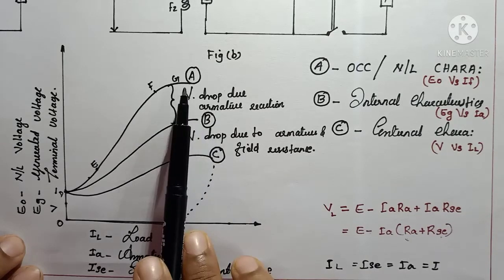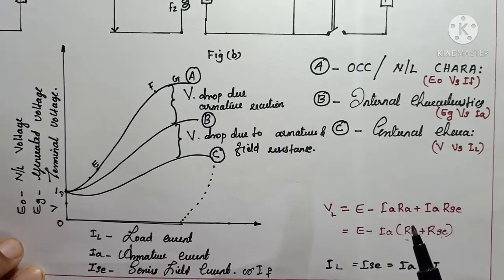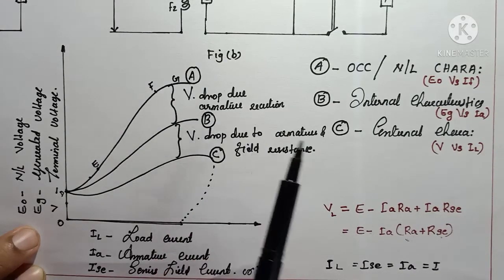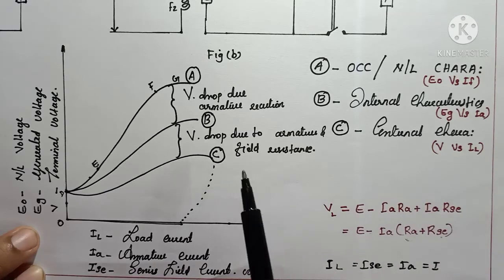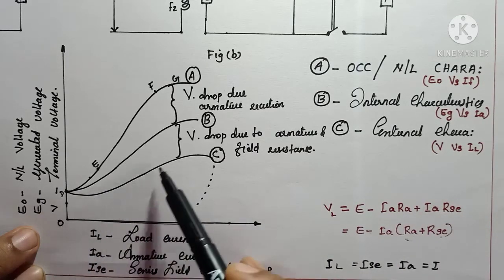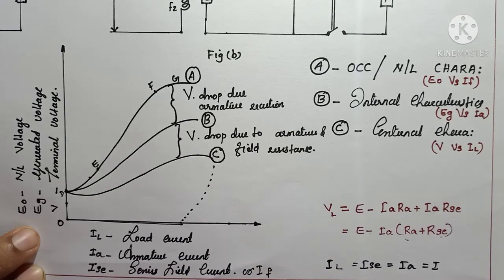But armature reaction mainly depends on the load current, which here means armature current. So we can say that a rise in load current leads to a decrease in terminal voltage, and finally it may reach zero.